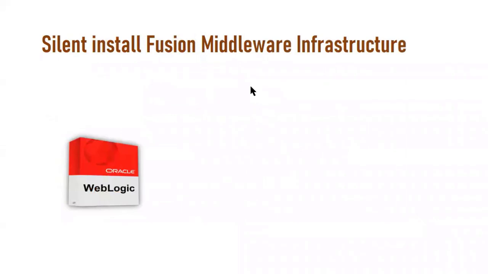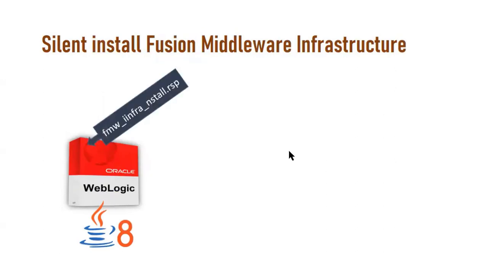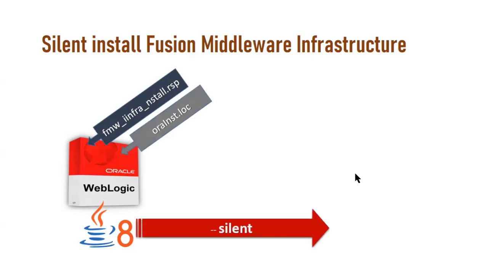Great. The next thing is the silent installation of the Fusion Middleware infrastructure. That requires Java installation. Then you need two important files to install: one is the response file, and the other is the oraInst.loc file, and then the silent option.